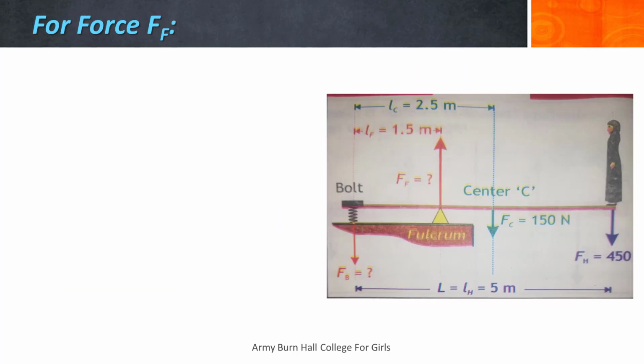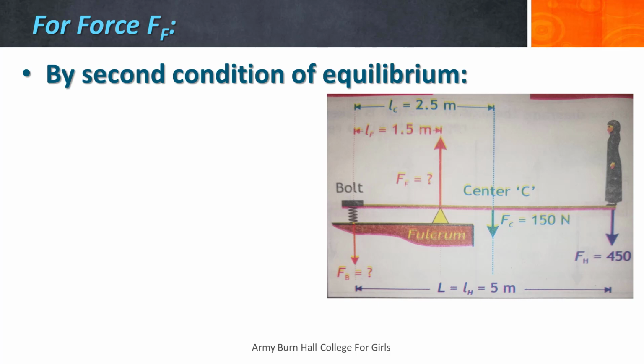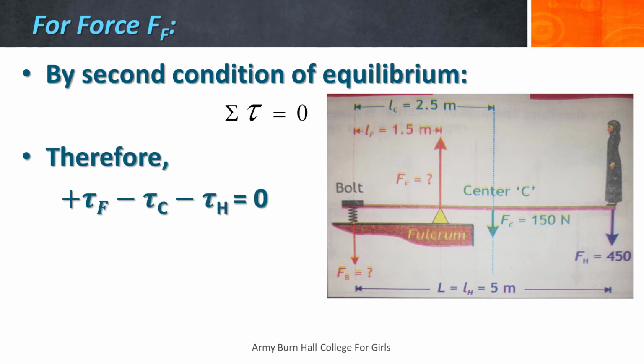So we will apply the second condition of equilibrium over here: the sum of all the torques is equal to 0. You can see over here, if this is the pivot point, the axis of rotation, then the torque due to Ff is in the anti-clockwise direction, so it will be positive.